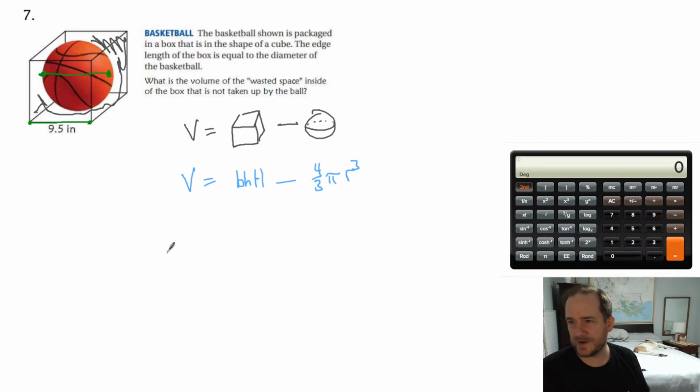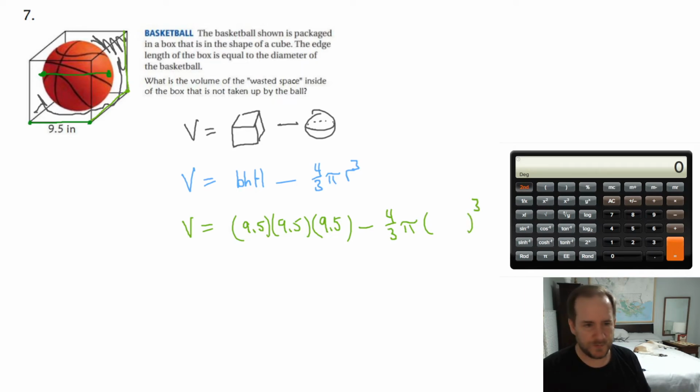So let's substitute in our values. Some of these values are going to be ugly, but the base of the box is 9.5. The height of the box is 9.5 too. And then the height of the whole prism is, you guessed it, 9.5. Now we subtract from this 4/3 pi some radius cubed.